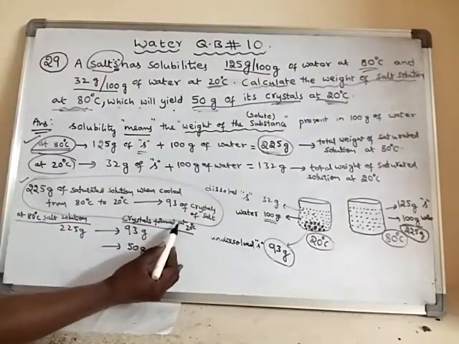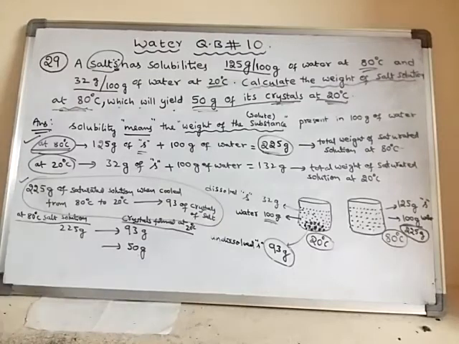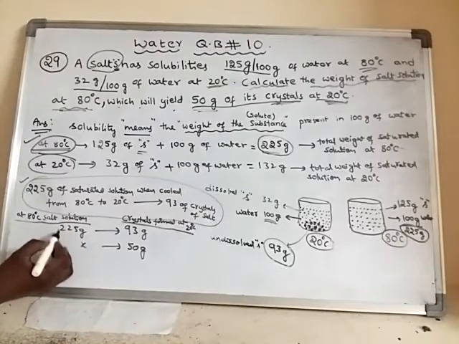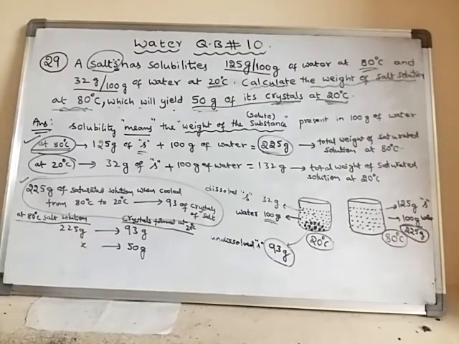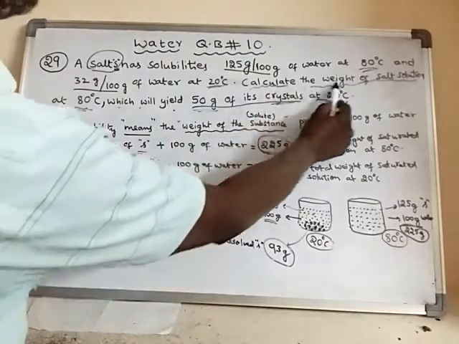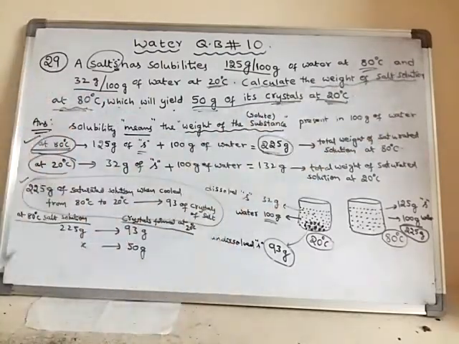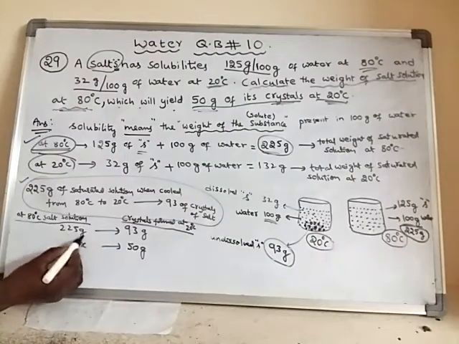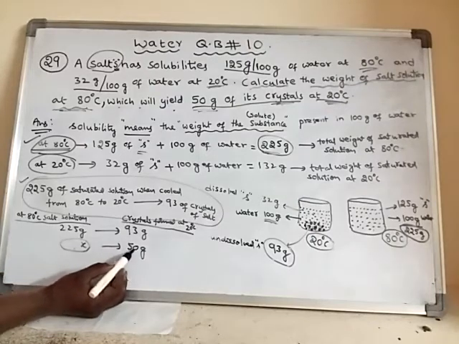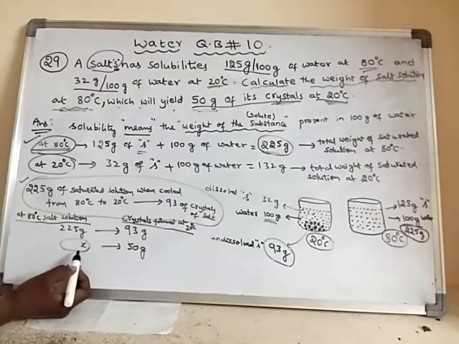Then how much amount of salt solution is present at 80 degrees centigrade? So we have to calculate the weight of salt solution at 80 degrees centigrade which can yield 50 grams of crystals.